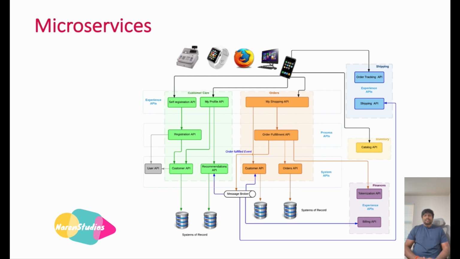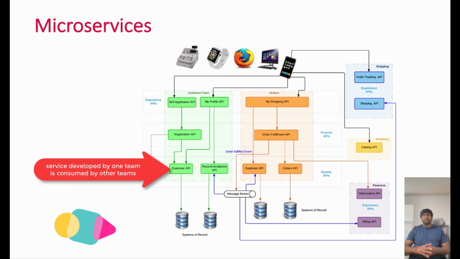Notice here that a service deployed by one team is consumed by other teams, and to enable this consumption, teams offer a well-defined API. This is called decoupling application components. Because of the decoupling nature of microservices, it is easy to scale your services.